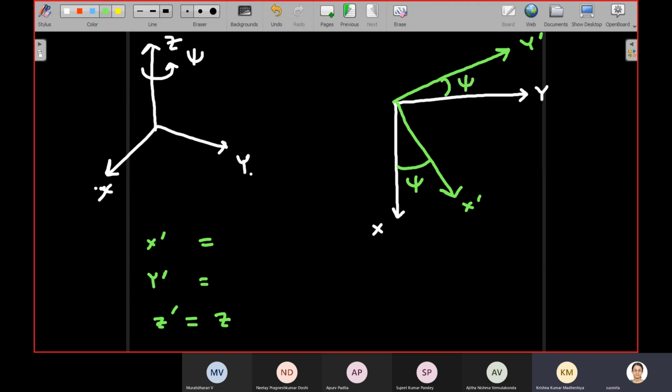So this angle is psi, right? And let's say this is the point. Oh, sorry. This is x, and this is y, in the same frame, same point.